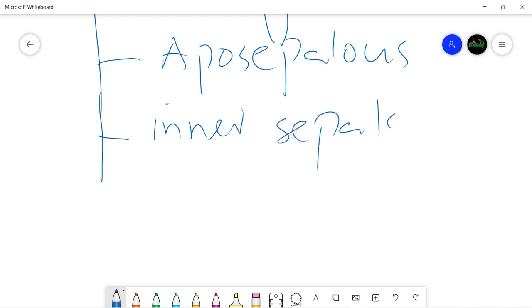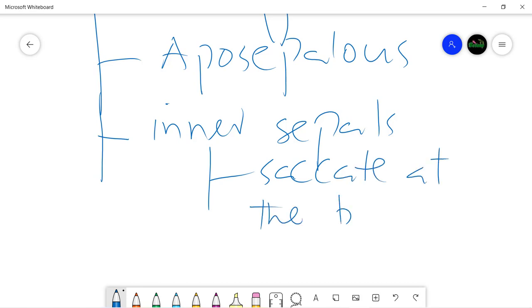The inner sepals are saccate at the base.